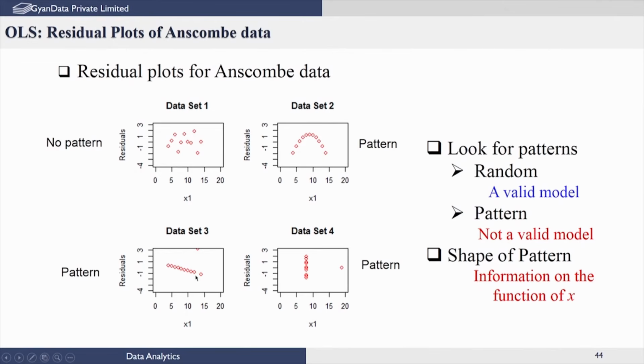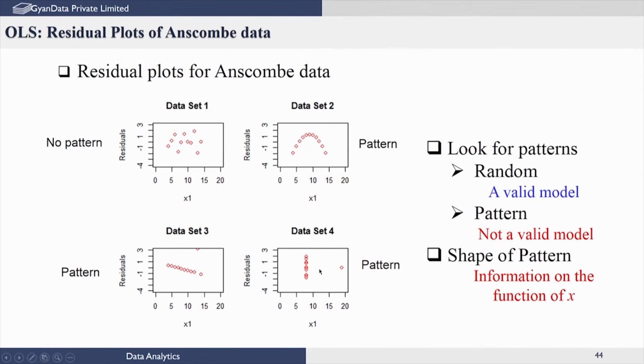For the third data set, however, we know there is one data point that is lying far away, and perhaps that is the one that is causing this slightly linear pattern here. If we remove this outlier and retry, maybe this problem will get resolved, and the linear model may be adequate for data set 3.